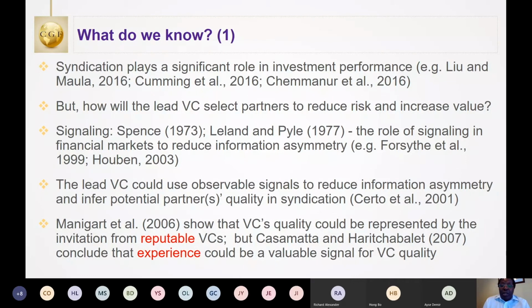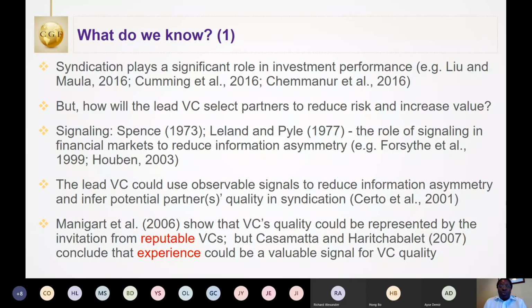And the work, especially by Liu and Moller, Cummings 2016 and others, and Kemamo 2016, draws out the significance of syndication in investment performance, whether you are looking at alpha adjusted, beta adjusted, any aspect of investment performance.